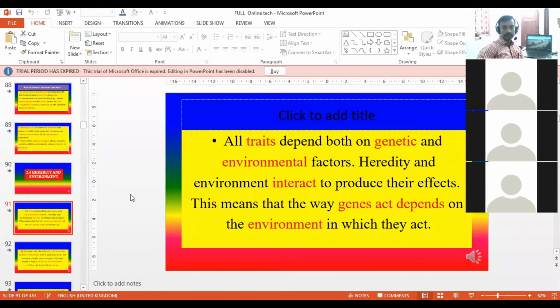Traits: genetics and environmental factors. Heredity and environment interact to produce their effects.